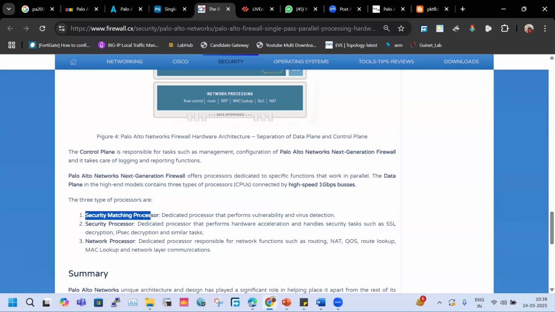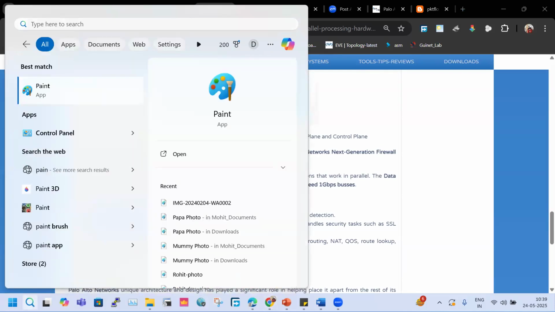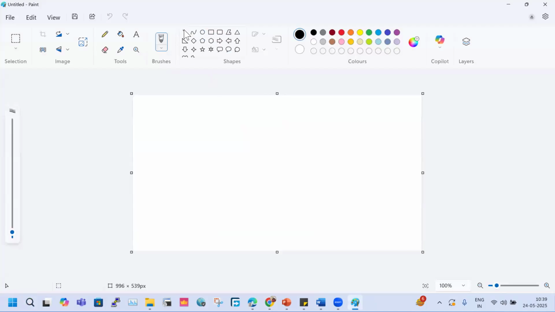Let me tell you with an example. All three come under the data plane: the network processor and the others.